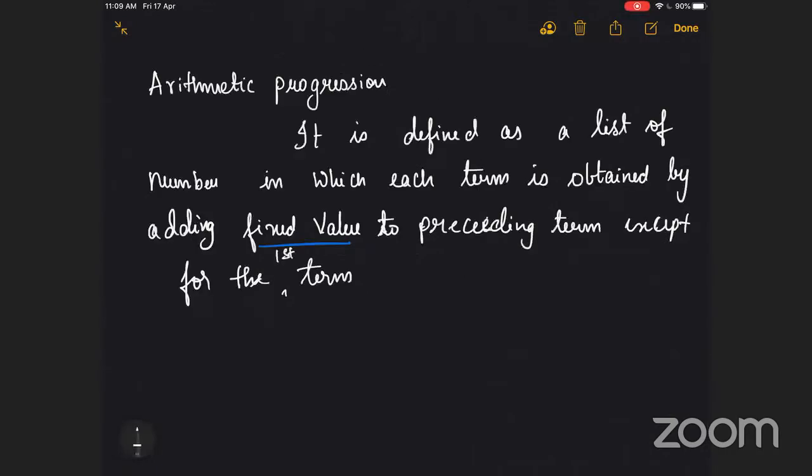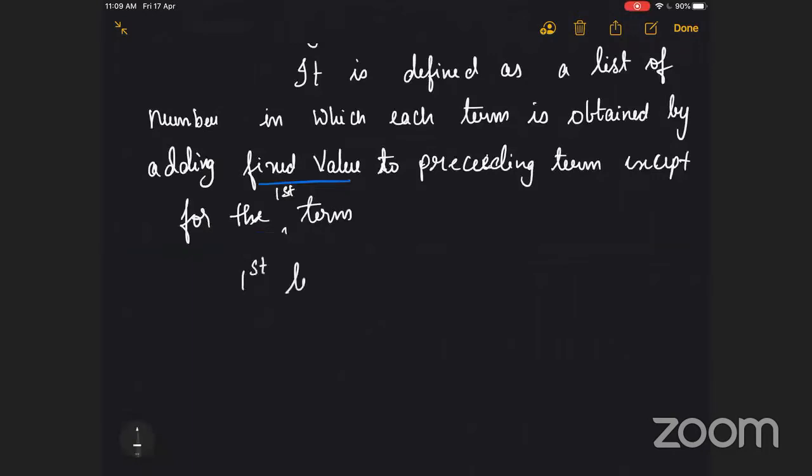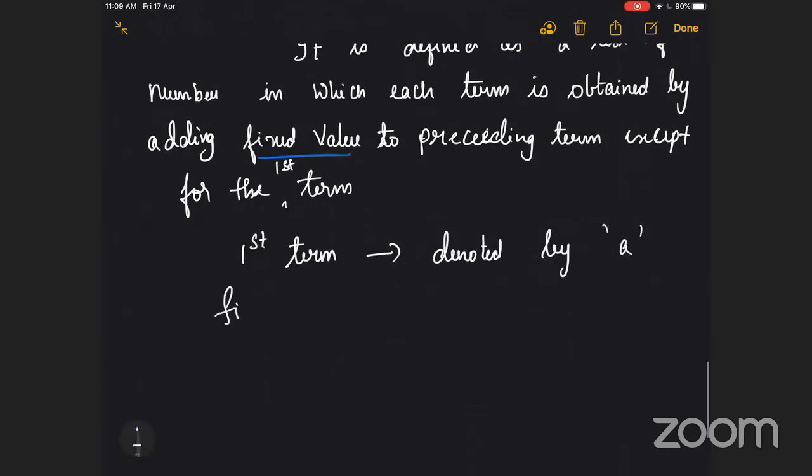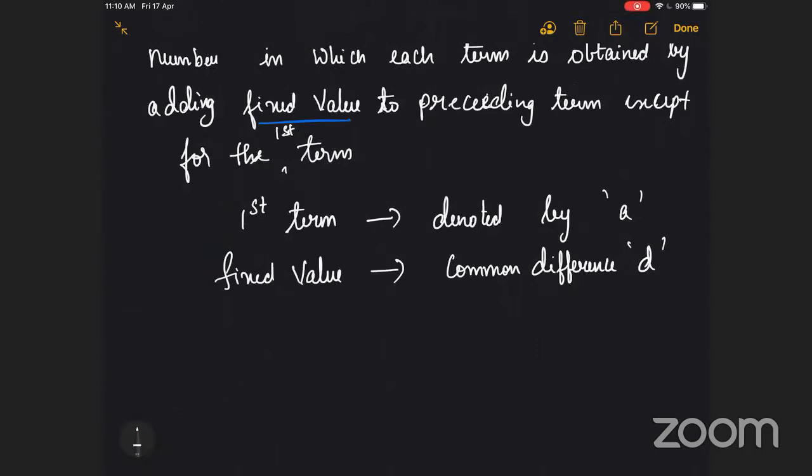The first term is generally denoted by a letter small a, and the fixed value is called the common difference, denoted by d. I hope arithmetic progression is clear to everyone, like what are the different terminologies that we're going to use in progression.